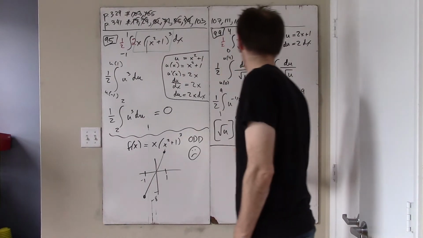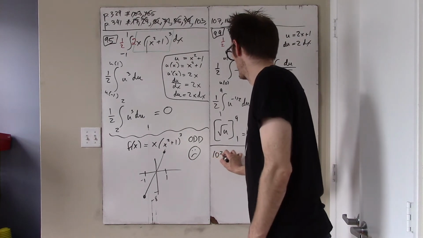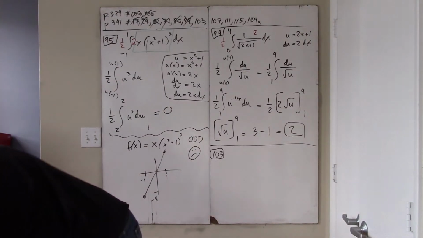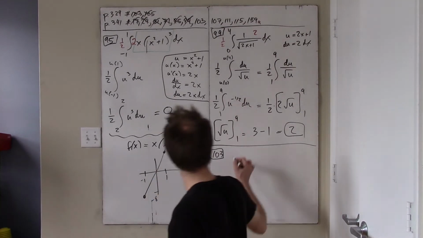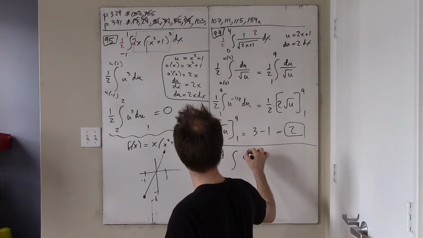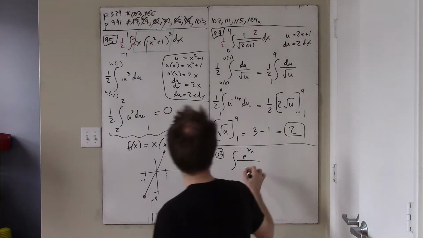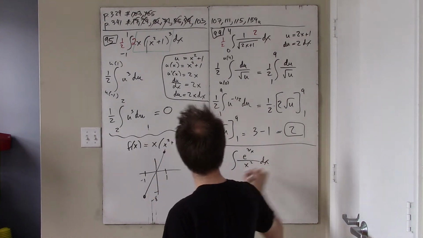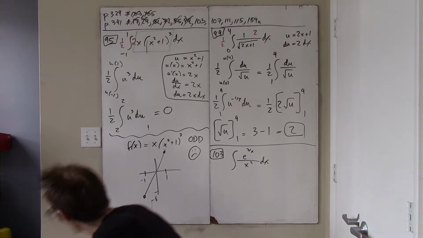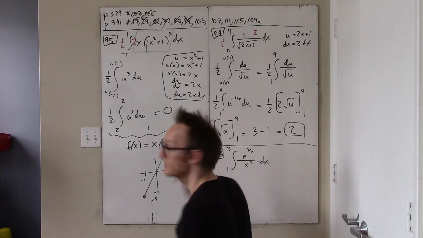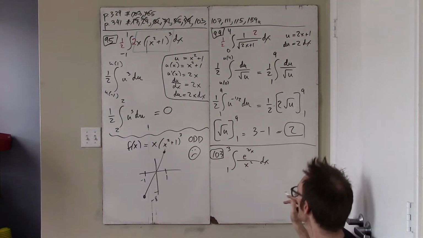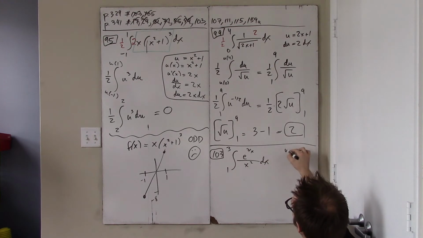103. Sort of squeeze in one more problem. 103 is e to the 3 over x squared dx, and this is from 1 to 3. Okay, well, same old, right? I let u be 3 over x.